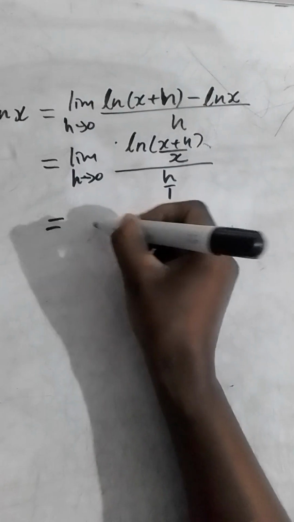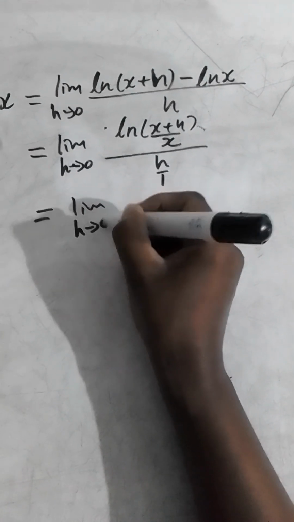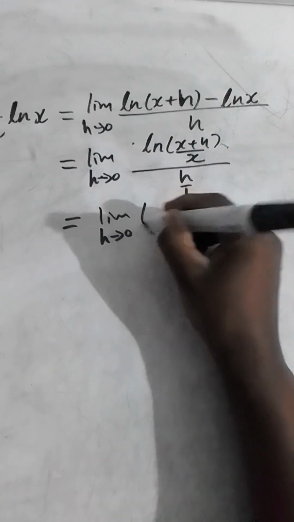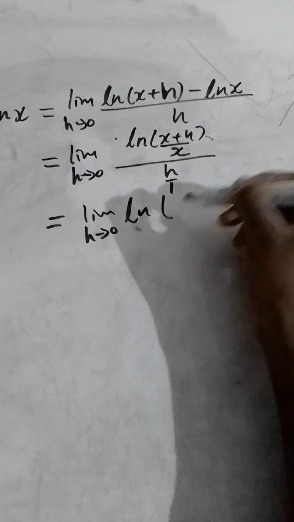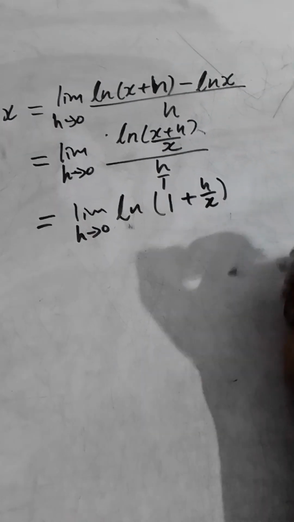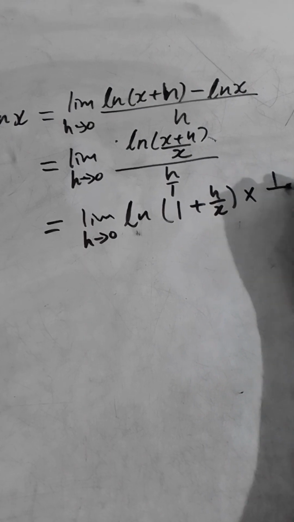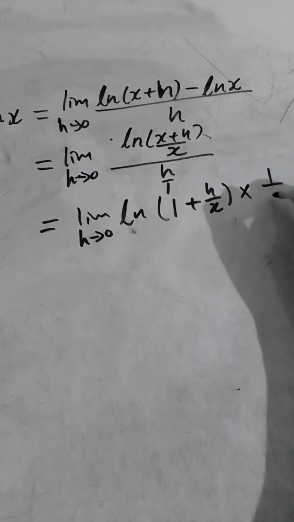So now let's go on. This becomes the limit of ln of 1 plus h over x, multiplied by 1 over h.